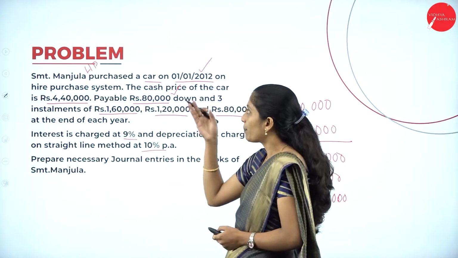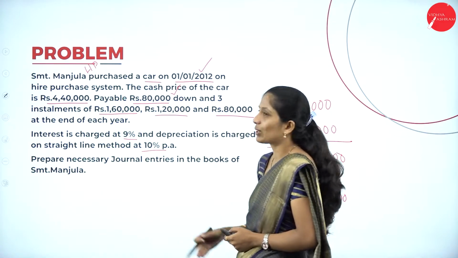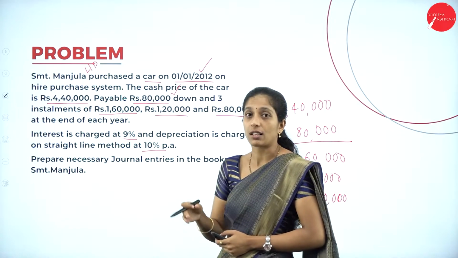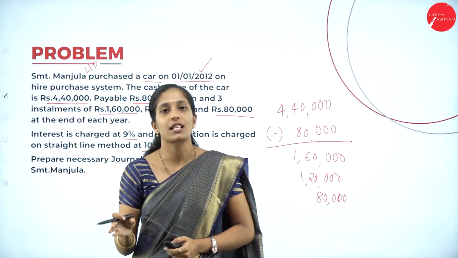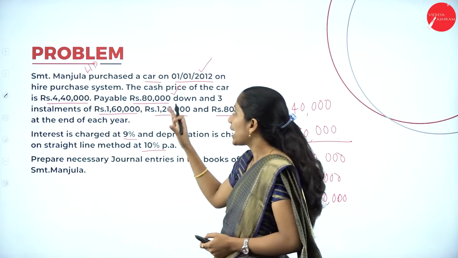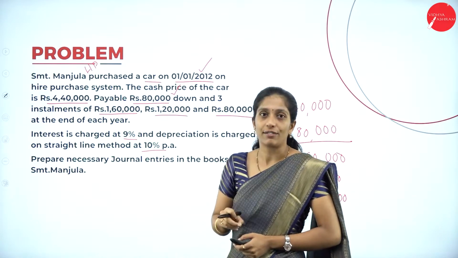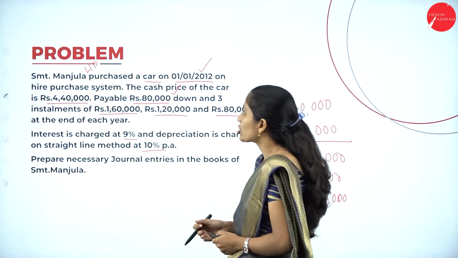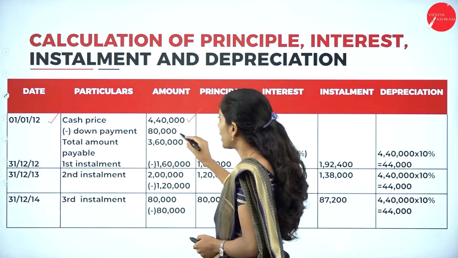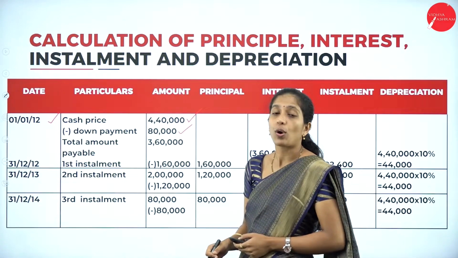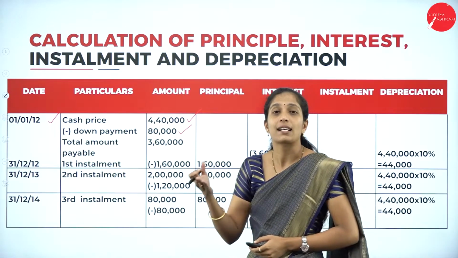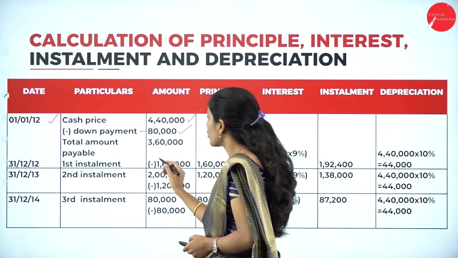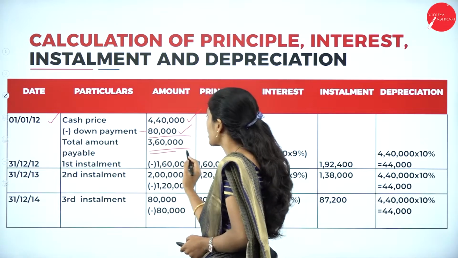So when she purchased a car on 1/1/2012, the car price is 4,40,000, but she has not paid 4,40,000, but she has paid how much? 80,000 on the date of delivery of the car, which is known as down payment. Less down payment 80,000. Then what is the total amount to be paid to the hire seller? So 4,40,000 minus 80,000, so we'll get 3,60,000.